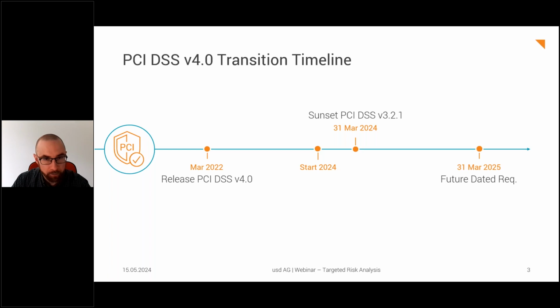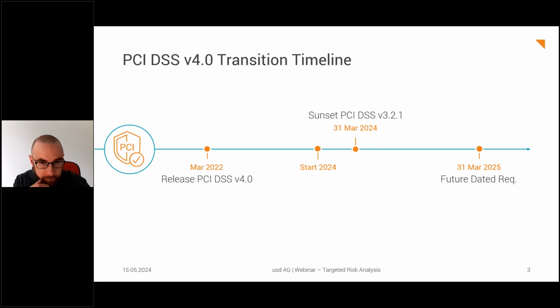The next big milestone is the sunset date for PCI DSS 3.2.1. This was approximately 2 months ago, and from 1st of April 2024 on, only PCI 4.0 audits can be performed and reported.